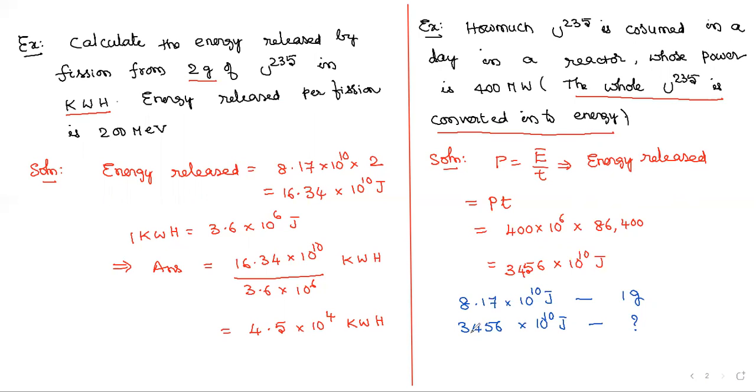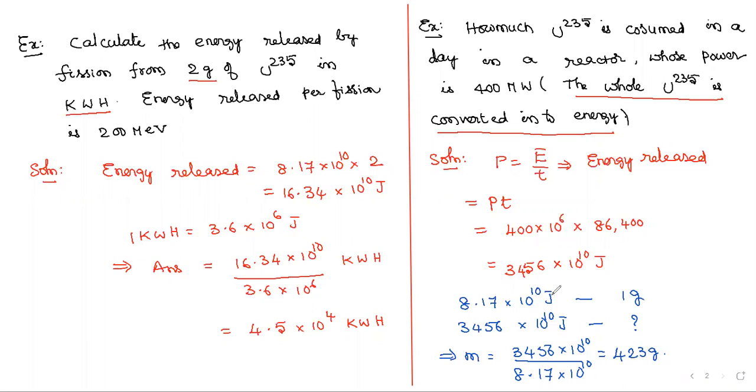Mass is equal to 3456 into 10 to the power of 10 into 1 divided by 8.17 into 10 to the power of 10. By doing some calculation, approximately you will get 423 grams. If you check, it will be there in the options and we try to put this option.